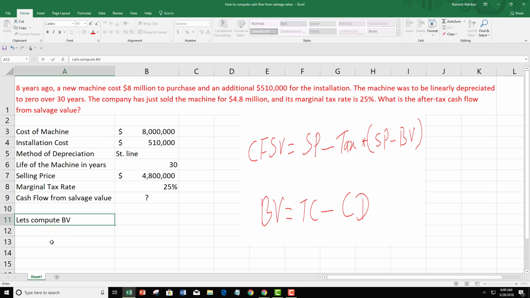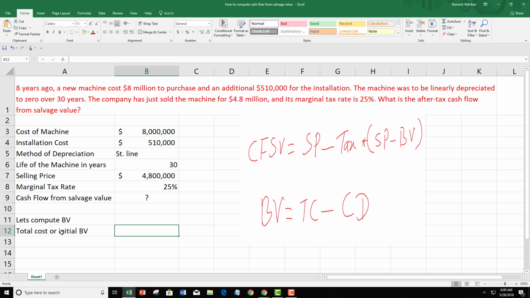In order to compute book value, first we need to know total cost or initial book value, which would be simply the cost of machine plus the installation cost. So that would give me the total cost or initial book value.